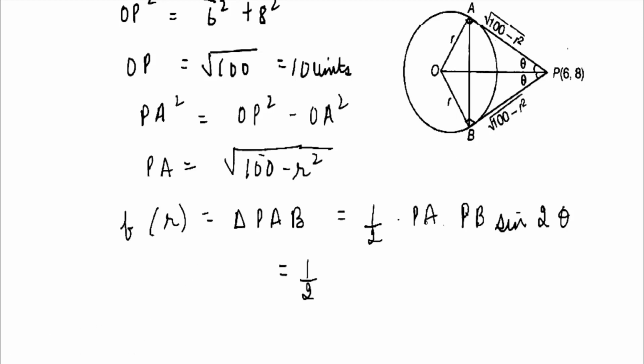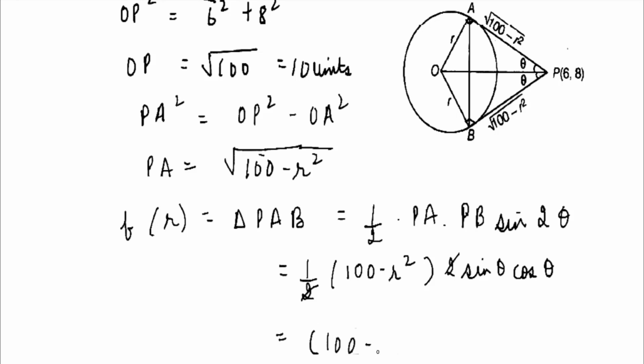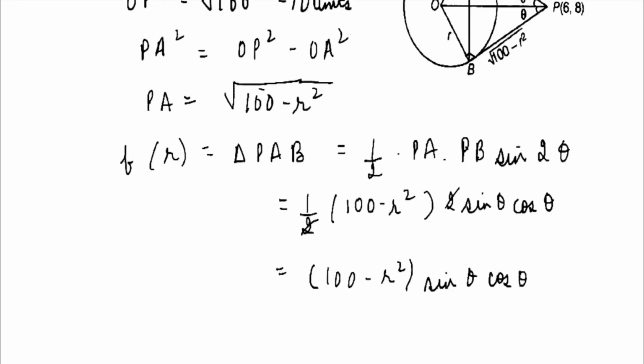So the product of PA and PB would be 100 minus r square, the under root will be cancelled, into sine 2 theta. I can write it as 2 sine theta cos theta. Now this 2 cancels with this, and the area would be equal to 100 minus r square into sine theta cos theta.